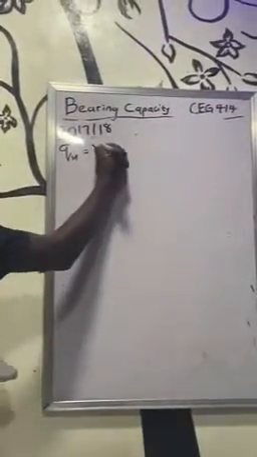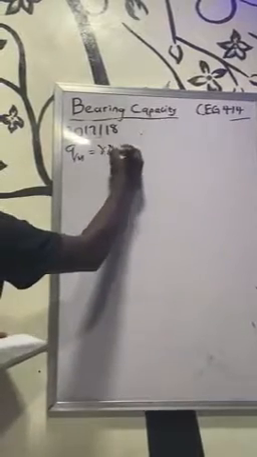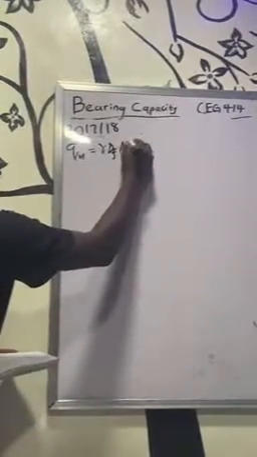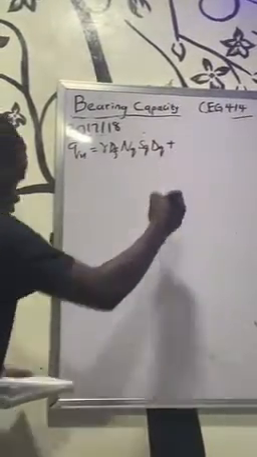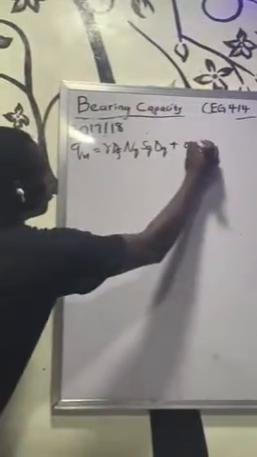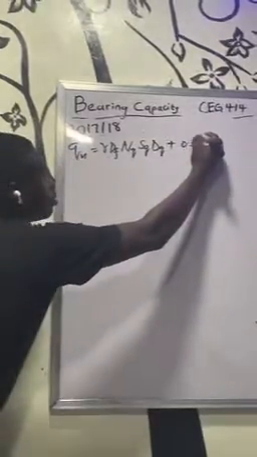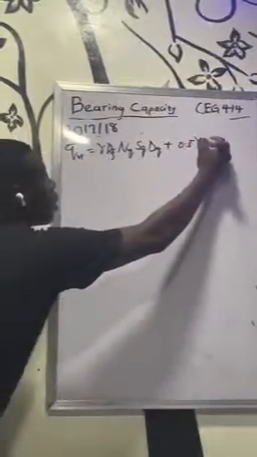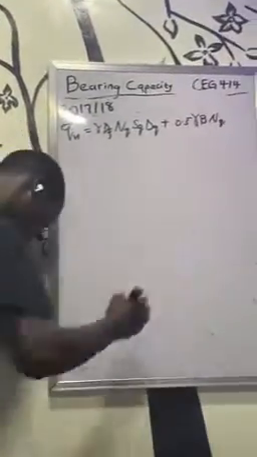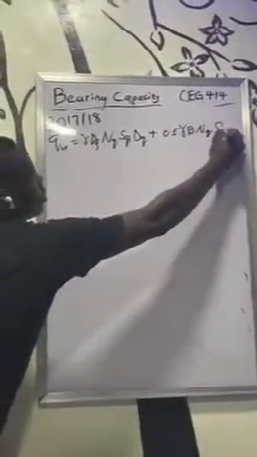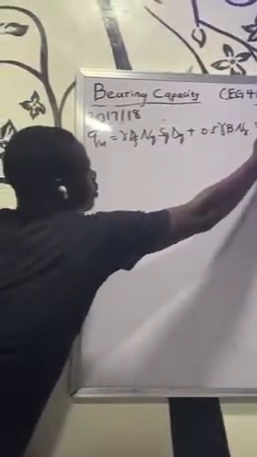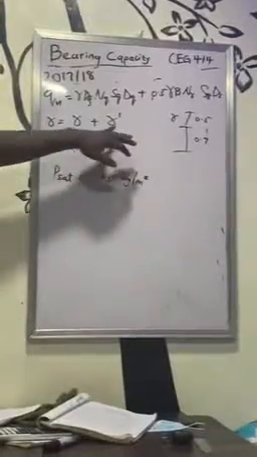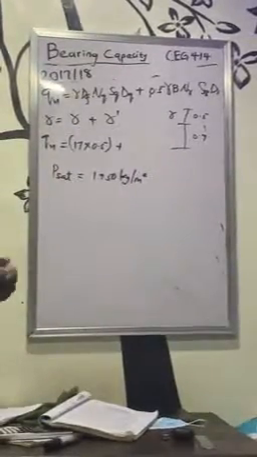Okay, I think I should write the key formula. The key formula I'm having is c N c S c D c plus q N q S q D q plus 0.5 gamma B N gamma S gamma D gamma. Actually, I want to get my gamma saturated.